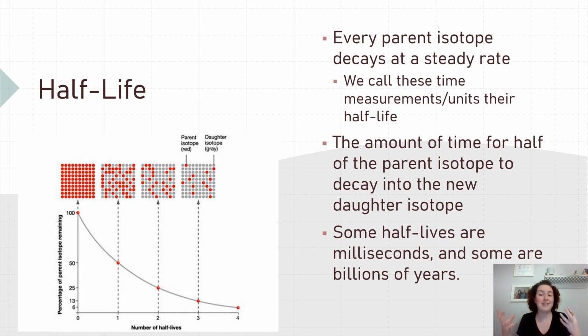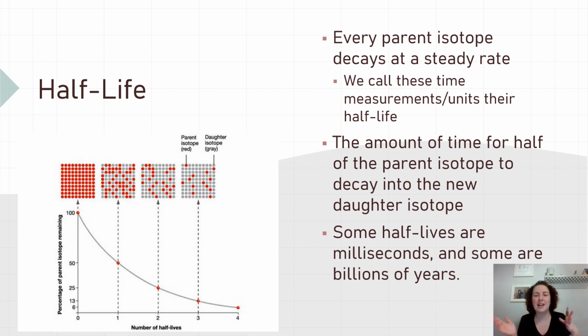Half-lives all depend on the element. Some half-lives are just milliseconds, to where by the time I even explain a millisecond, some have already decayed multiple times. Other parent isotopes actually take billions of years. So those are the ones that we're looking at.